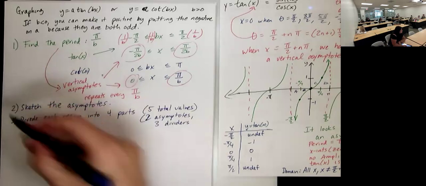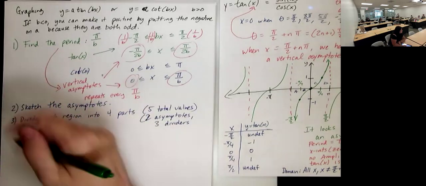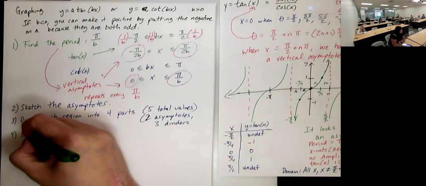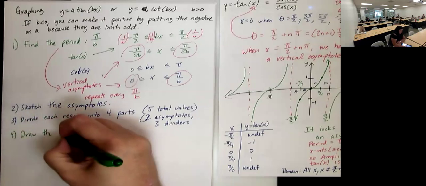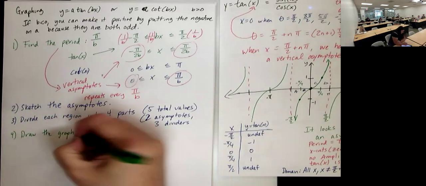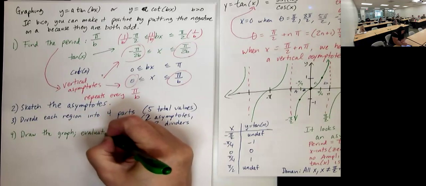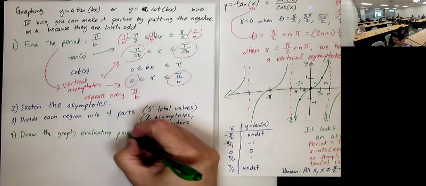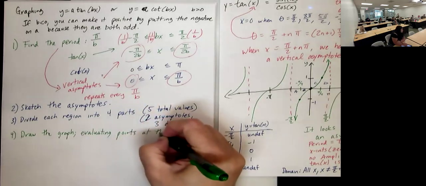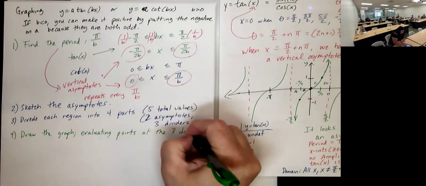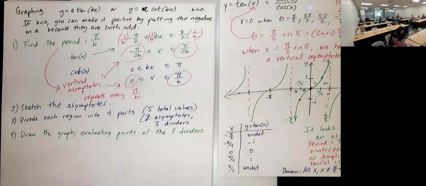Then draw the graph. You can do it by evaluating points at the dividers, until you're comfortable and you go faster.